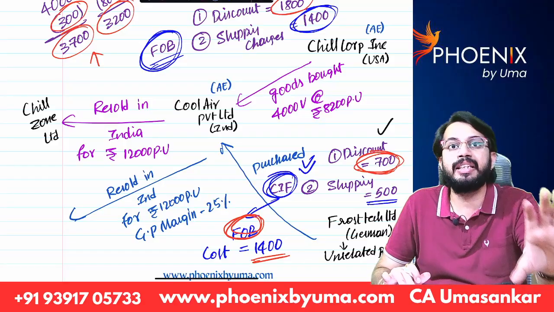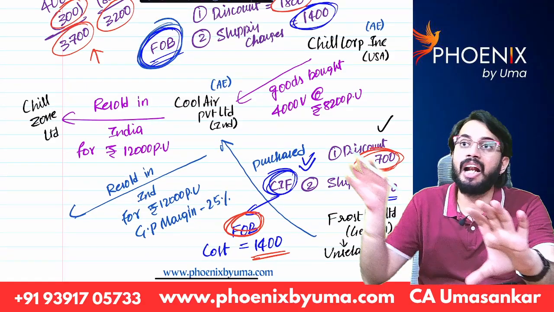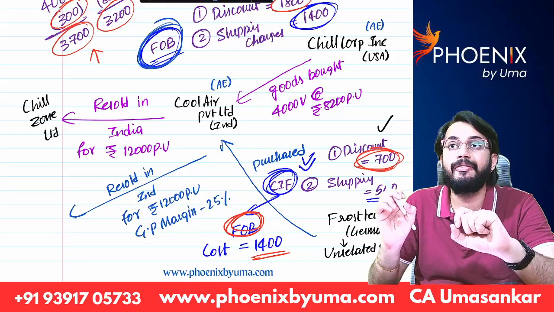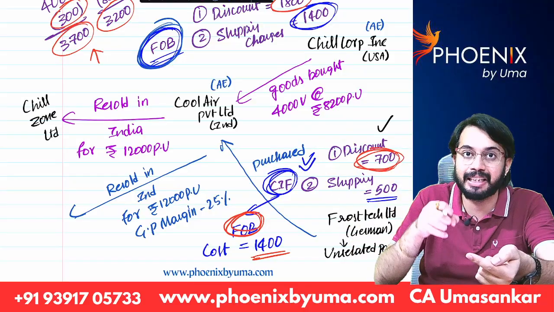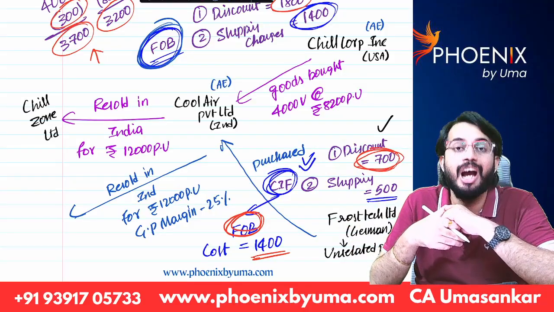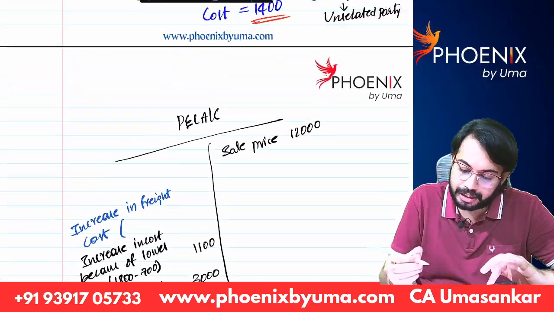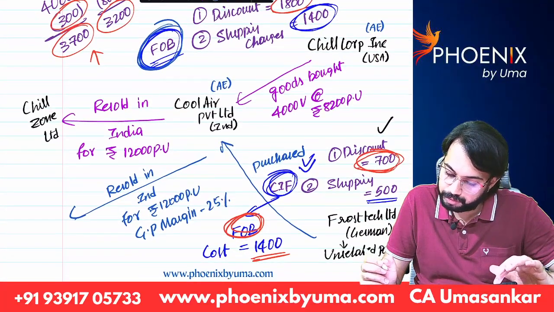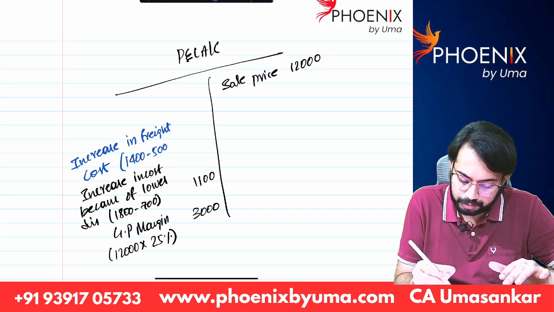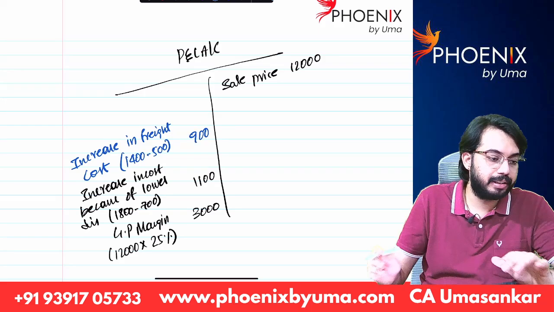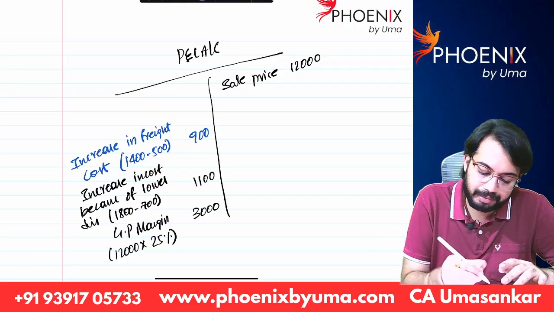Related party FOB basis, unrelated party CIF basis. From the unrelated party also, if goods are bought on FOB basis, then the cost will be 1400, right? Increase in cost is equal to 1400 minus 500, 900.